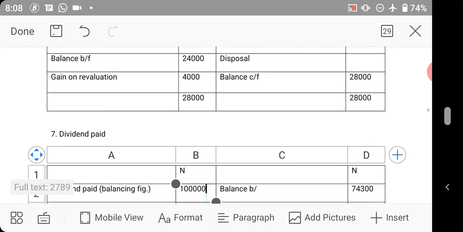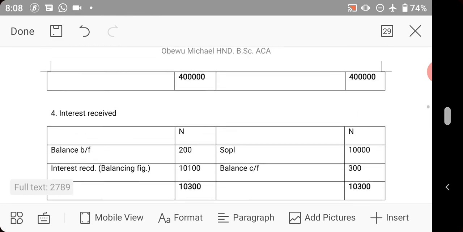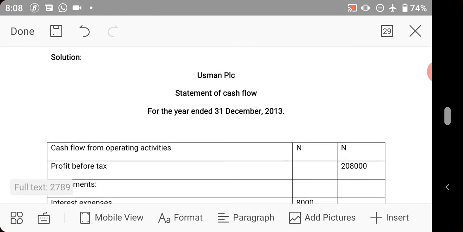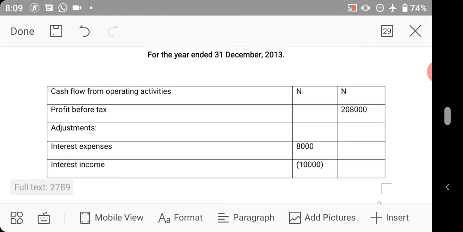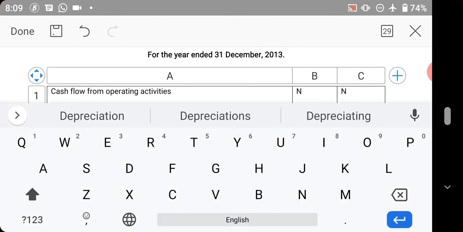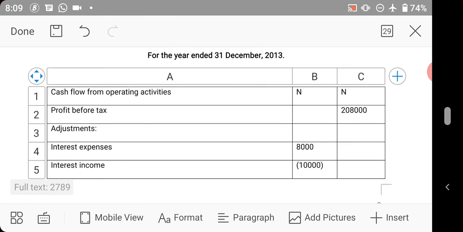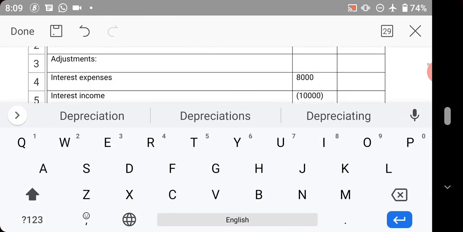So with this, we'll now look at the solution. We've finished the workings. So the solution states cash flow from operating activities. We have profit before tax to be 208,000 naira. Adjustments: interest expenses will be added back.